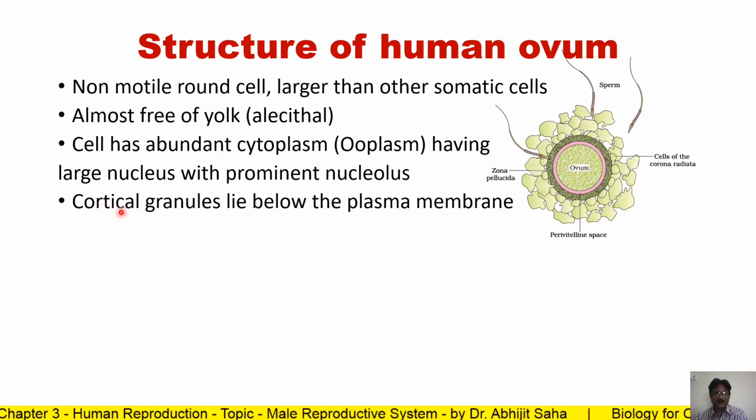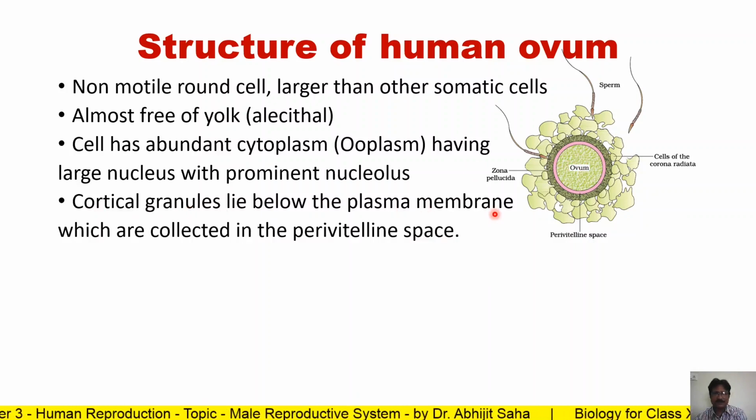Cortical granules, very important, lie below the plasma membrane in the perivitelline space. You can see here the perivitelline space, which is colored in pink. Now, cortical granules, we will come across this in our next discussion also.